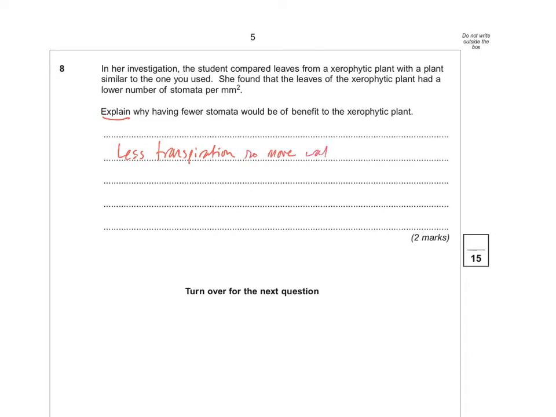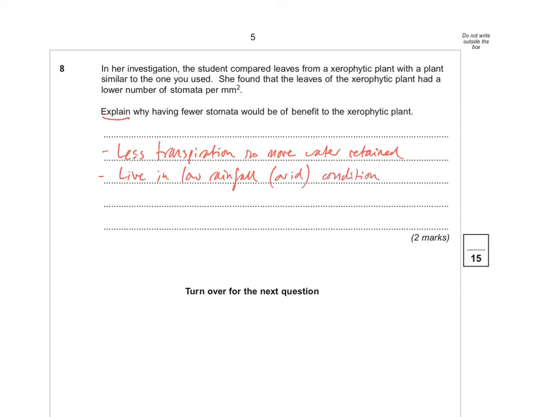More water retained. And more water retained because the benefit is that they live in dry places, don't they? Because they live in low rainfall, arid or dry conditions.